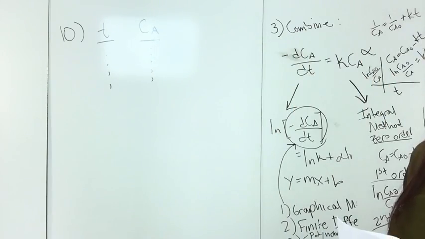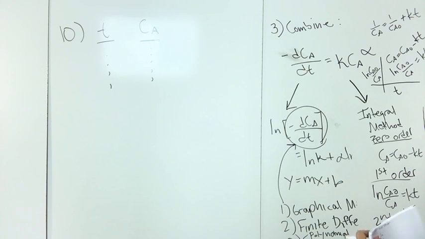So if this was on an exam and you said, okay, second order, and solved it, and you found out that it actually was second order, then this would be pretty fast. But if you didn't know it was second order, and say you guessed zero order and then first order and then second order, that's going to take some time to go through. That's why, with the other method, it takes some time to get dCA/dt, but once you have that, it's pretty fast to step through things.